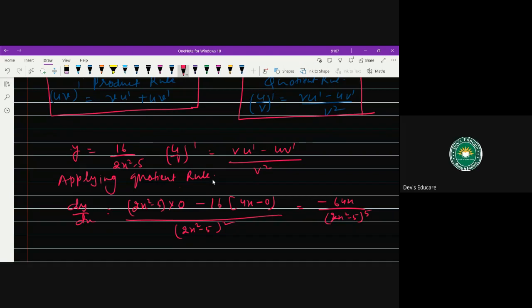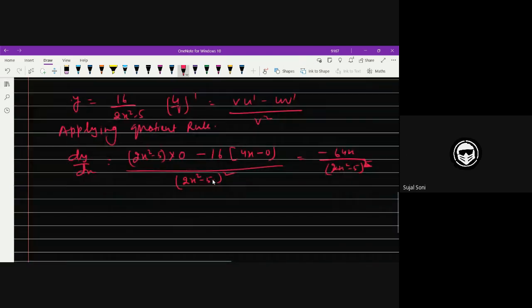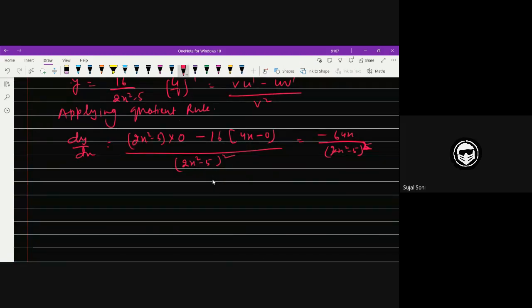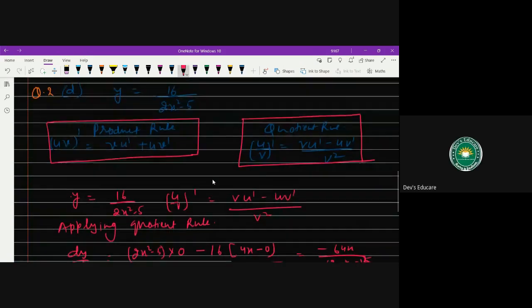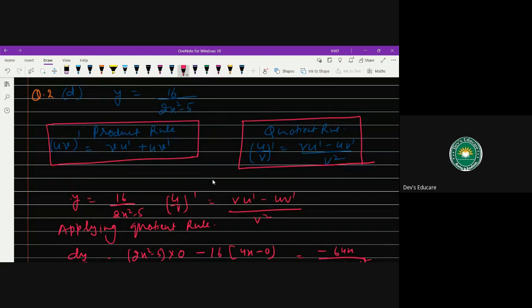Yes, whole square. Sir, what is vu? Two functions are there, u and v.